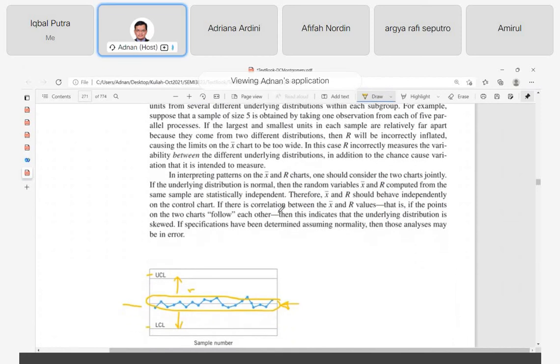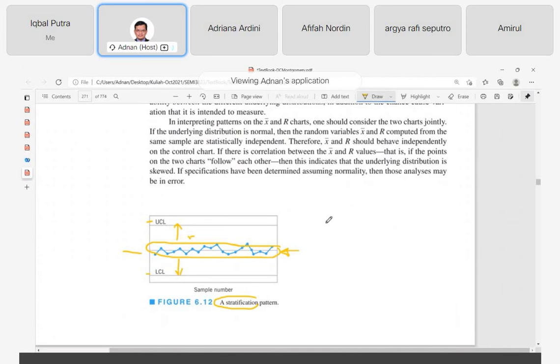Any questions so far? This can be automated. We can use automation to recognize this because our eyes cannot detect this pattern, especially in an automated system. So in an automated system, we need to use a computer to recognize this. We can have automated SPC, smart SPC, or we can even use artificial intelligence to train.